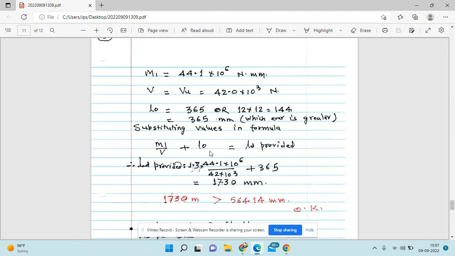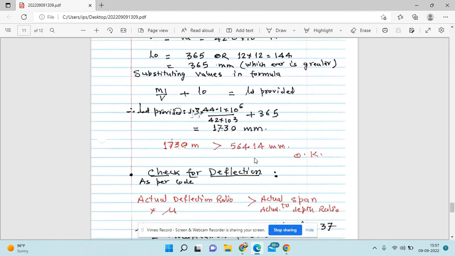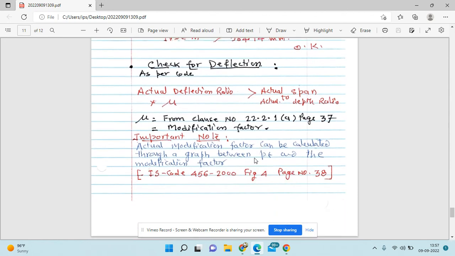But as per the code, it is to be increased by 30%. So it is to be multiplied by 1.3 and it comes out to 1730 mm. Now required is 564, provided is 1730 mm. So our design is safe for the development also.